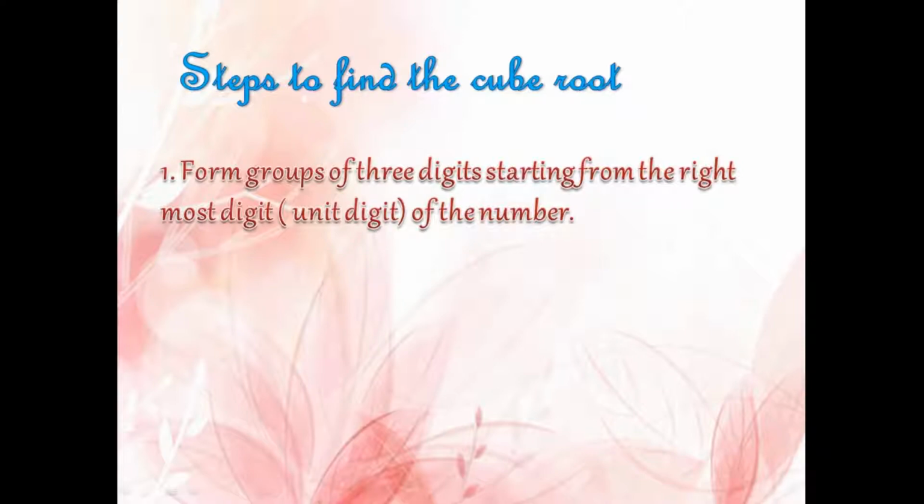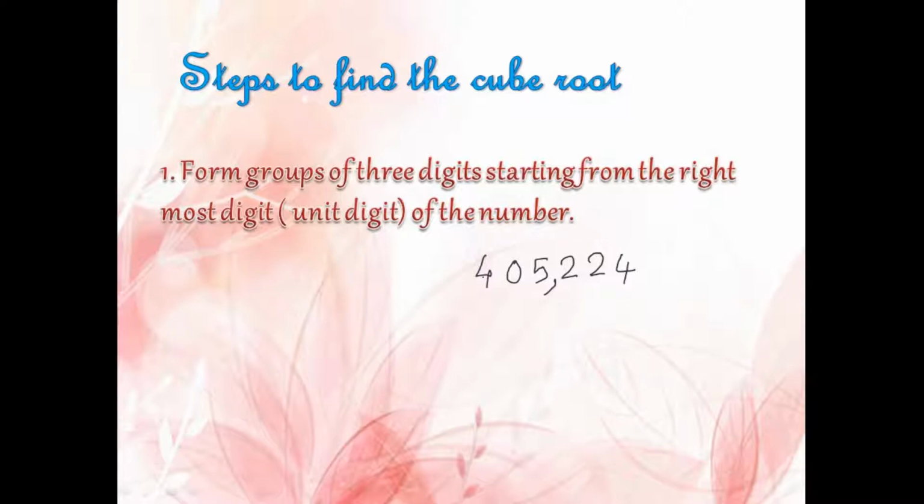Here we are going to find the cube root of the number 4,05,224. We group the digits in threes starting from the rightmost place. The rightmost place is the unit place, right? From the unit place, we take 3 digits together.